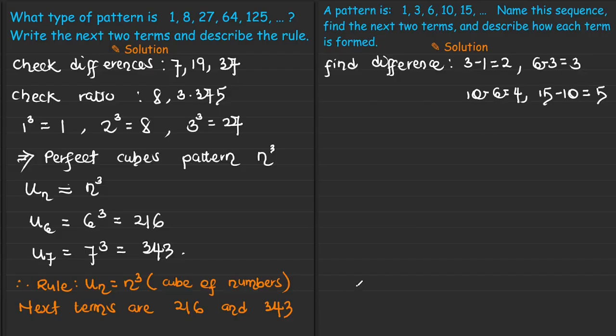This is a property of triangular numbers. You see, so these are triangular numbers. And what do we mean by triangular numbers? They are such that each new term adds the next counting number.